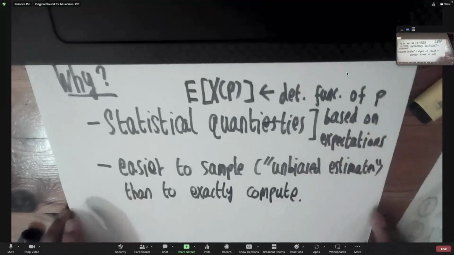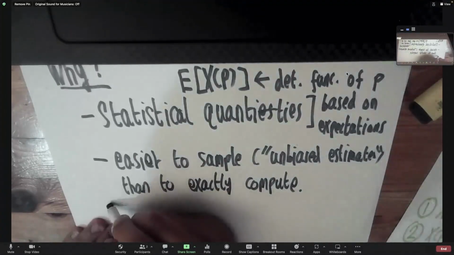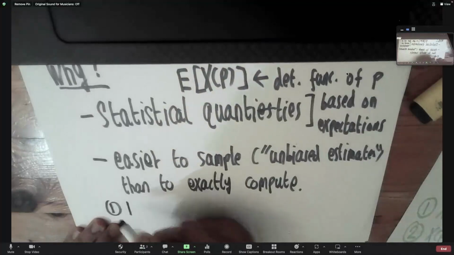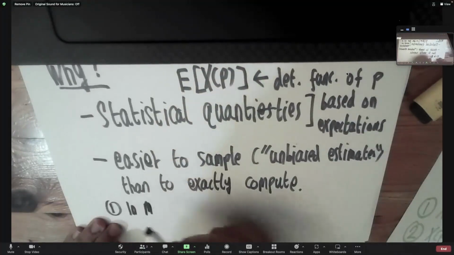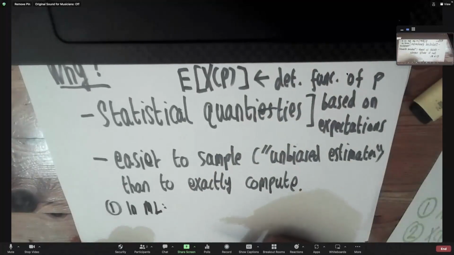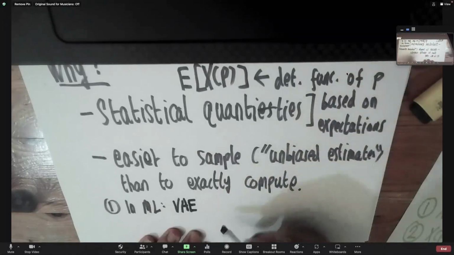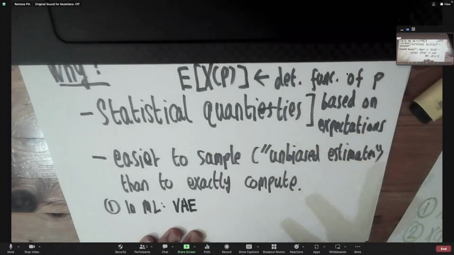Yeah, so then maybe I'll also give some more concrete examples. So one example is in deep learning, in ML, there is this very popular architecture called the variational autoencoder, or VAE. And this architecture has randomness baked into its model.